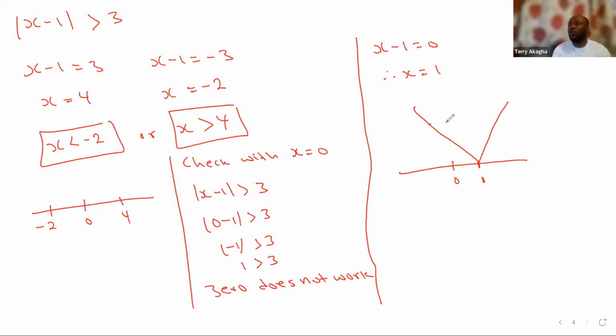Let's assume this is the value here at y is equal to 3. The one on the right is going to give me 4. The one on the left is going to be what? Minus 2. And so this is going to be your y-axis, and that'll be your x-axis. So that is it, and that will give you the answer for what you're looking for.